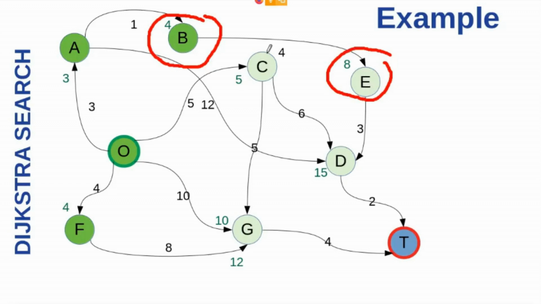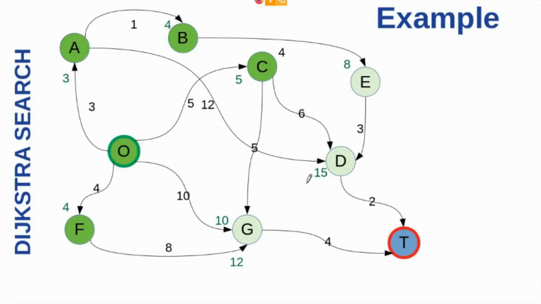We calculate the minimum value, and as you can see, it is this 5. New neighbors appear here: this 15, because it's the addition of 3, and then this 12. So we have a 15, and here we have an 8, right?